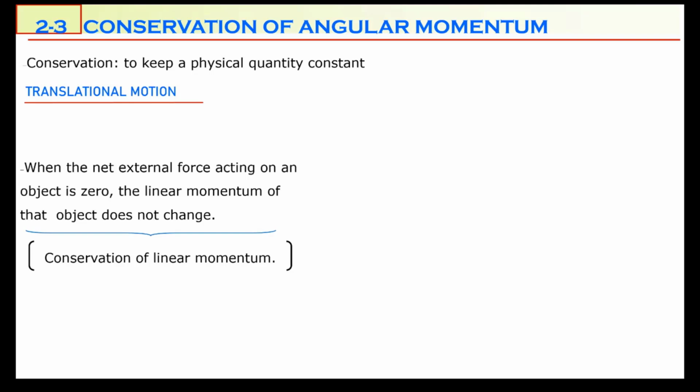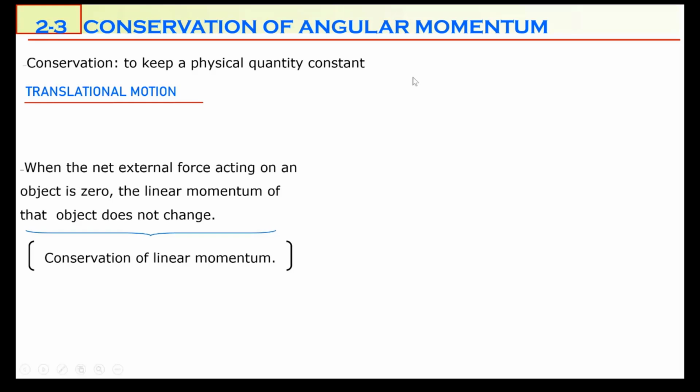But after you cut the contact between the force and the object, it still continues moving. This motion, even if you cut the contact, can be explained by the concept of momentum. So when some force acts on an object, this force causes the object to gain some linear momentum. And with this linear momentum, the object continues to move.